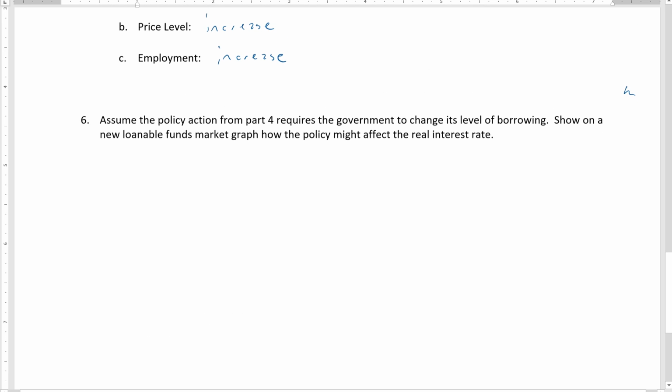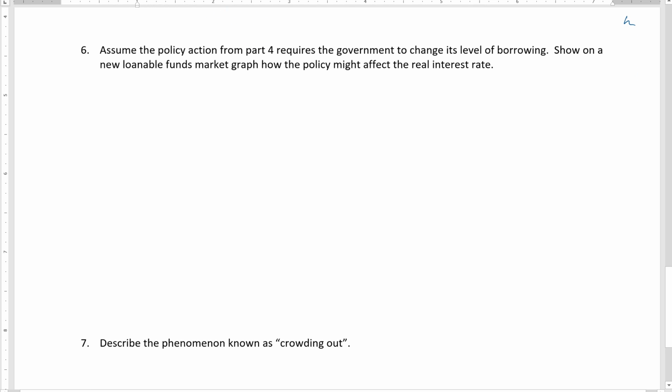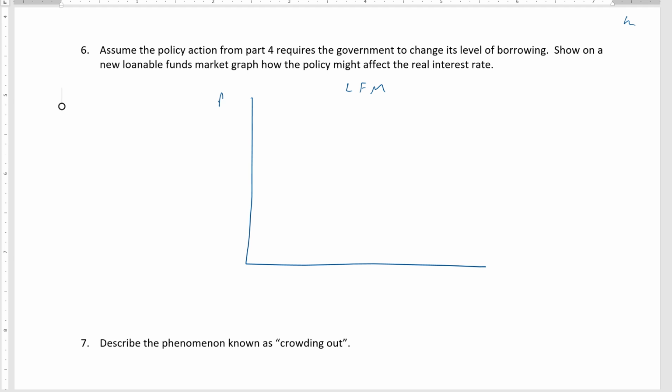Number 6. Assume the policy action from Part 4 requires the government to change its level of borrowing. Show in a new loanable funds market graph how that policy might affect the real interest rate. Okay? So again, if I'm drawing the loanable funds market, here's our current interest rate.